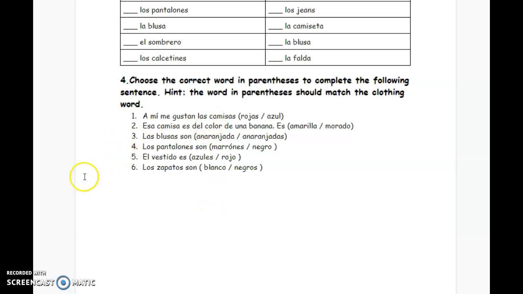So number 1 says, a mí me gustan las camisas. It's okay if you don't remember what the rest of that means, but we should be able to pick out the word camisas, okay? And then we're going to look at the ending of camisas, and we're going to pick the color word that matches. So you need to be able to identify which one of these has the same ending. Is it rojas or azul?